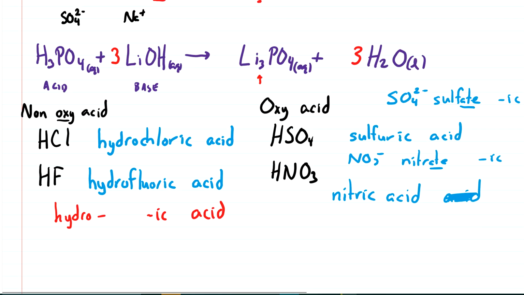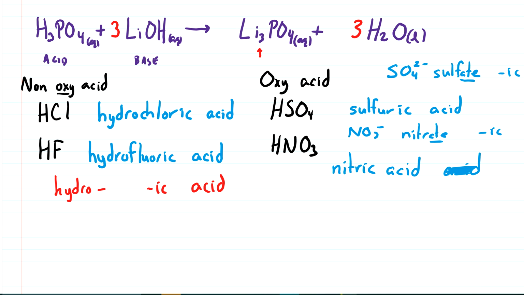And the last example I'm going to go through would be the ite endings. So let's take a look at something like H2SO3, or HNO2. Sorry, that should have been a 2 there. I'm getting sloppy. Now, this ion here is SO3 2 minus, and that would be sulfite.